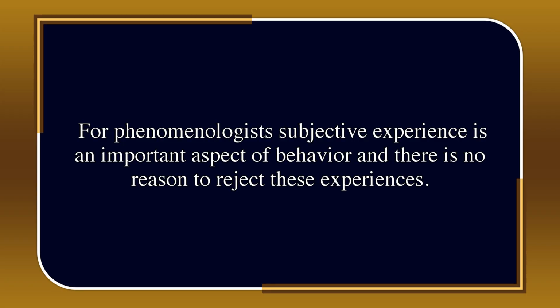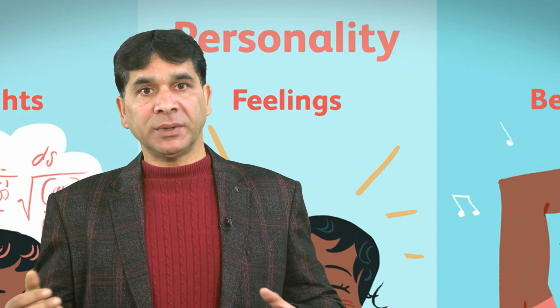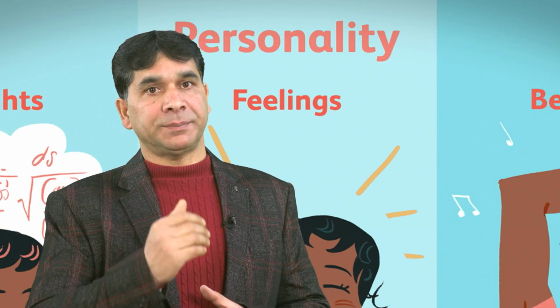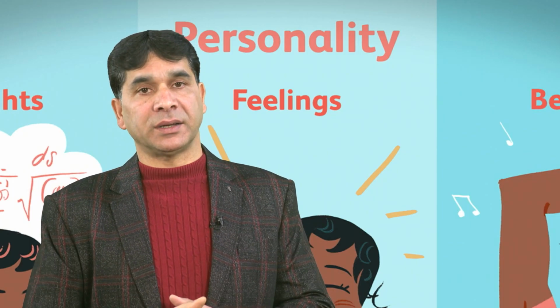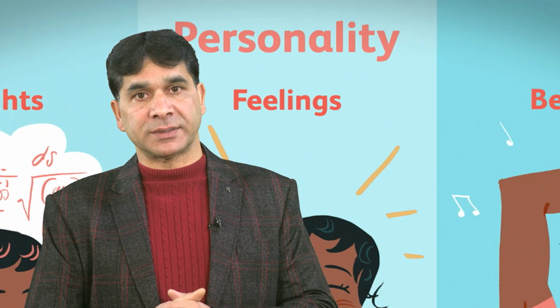For phenomenologists, subjective experience is an important aspect of behavior, and there is no reason to reject these experiences. It is phenomenology that helps us to understand the meaning of people's lived experiences.